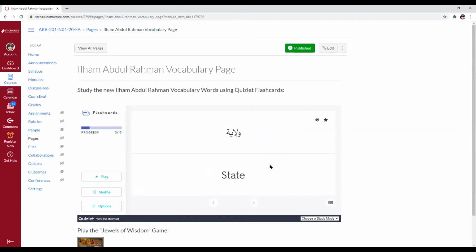Wilaya means state. Wilaya, the plural, wilayat, like Wilayat al-Mutahida, United States. Edrusu. Edrusu means I study.